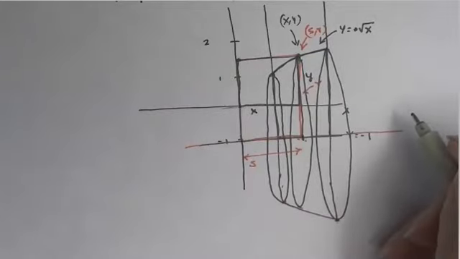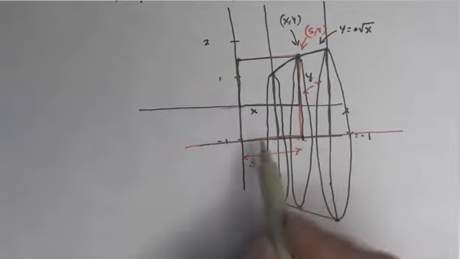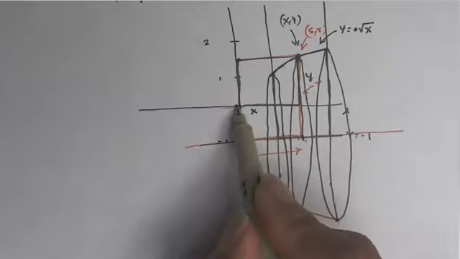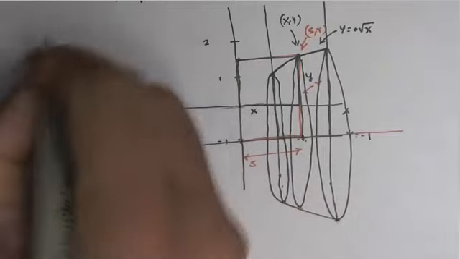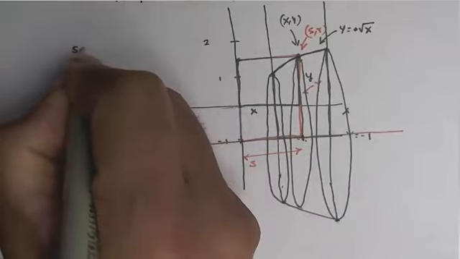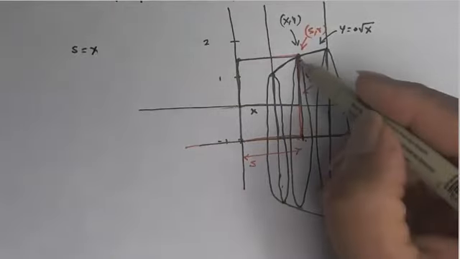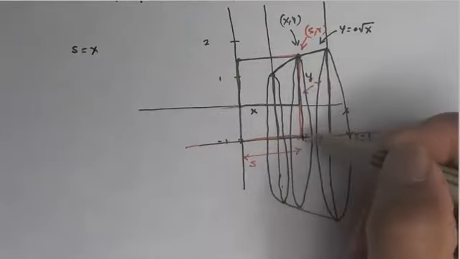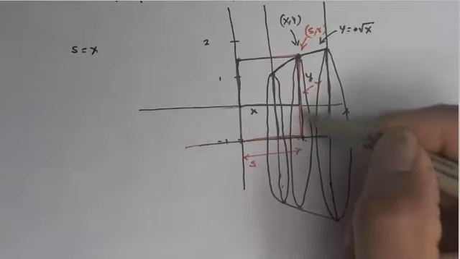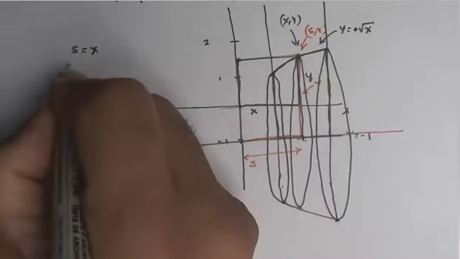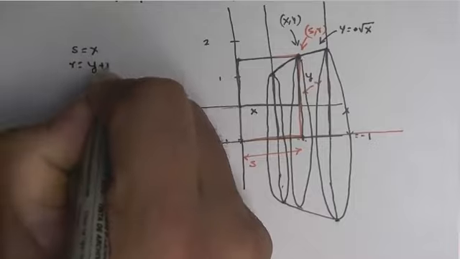And now we can write down the basic relations. So x is the same as s. So s equals x. Y goes from here to here, r goes from here to here. That distance is 1. So r equals y plus 1.